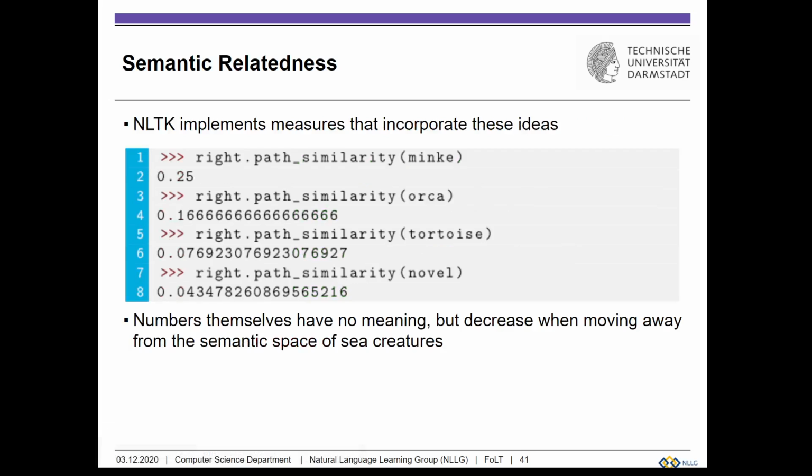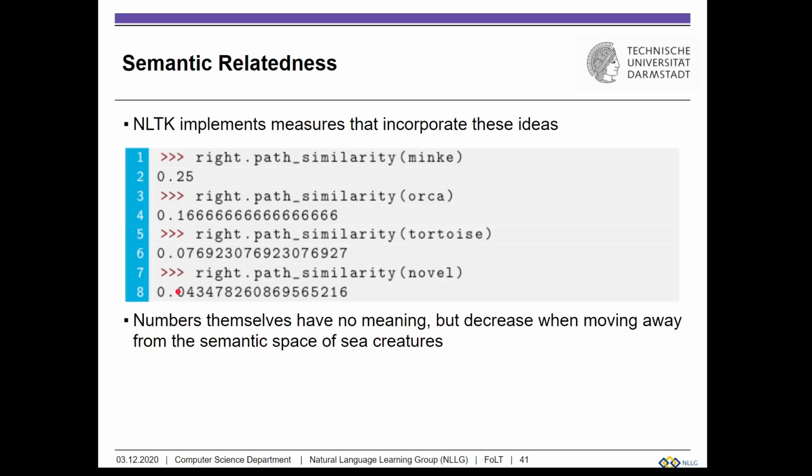Okay, and then you can indeed compute semantic similarity or semantic relatedness using such ideas, and it's already implemented in NLTK. If you type in right whale and you type in path similarity to minke, it gives you a number, and those numbers are intuitively what we would expect. The lower, the less semantically similar.